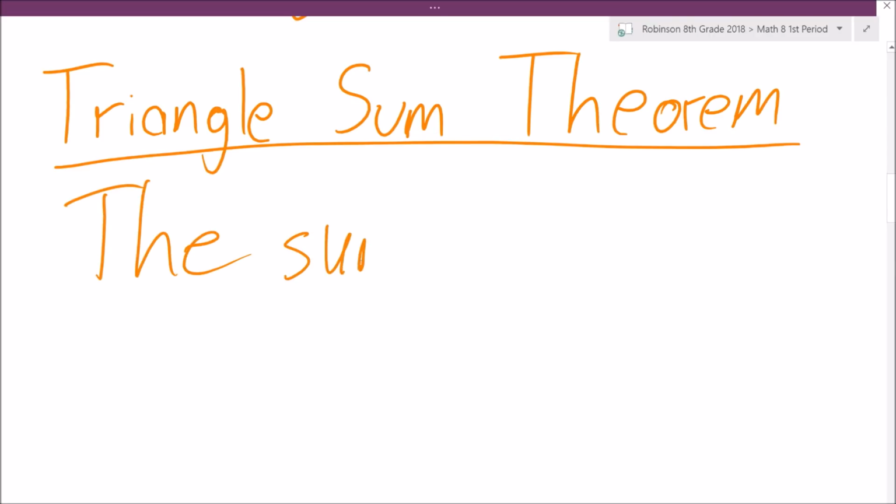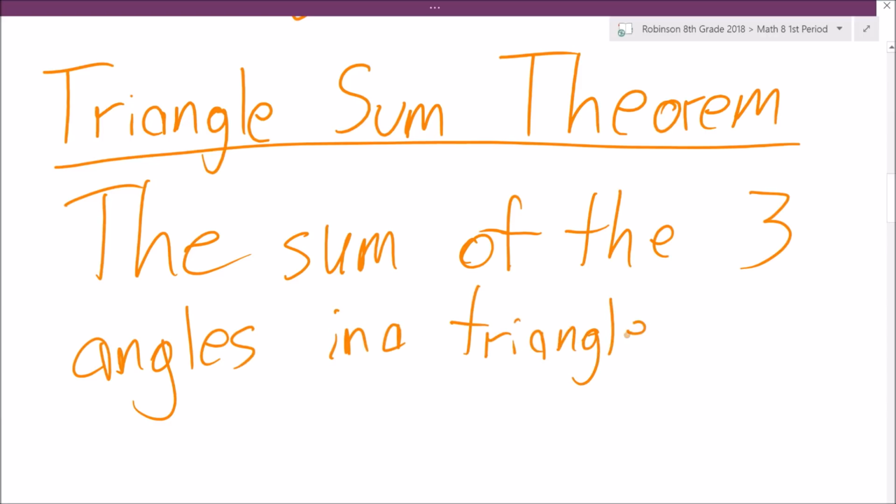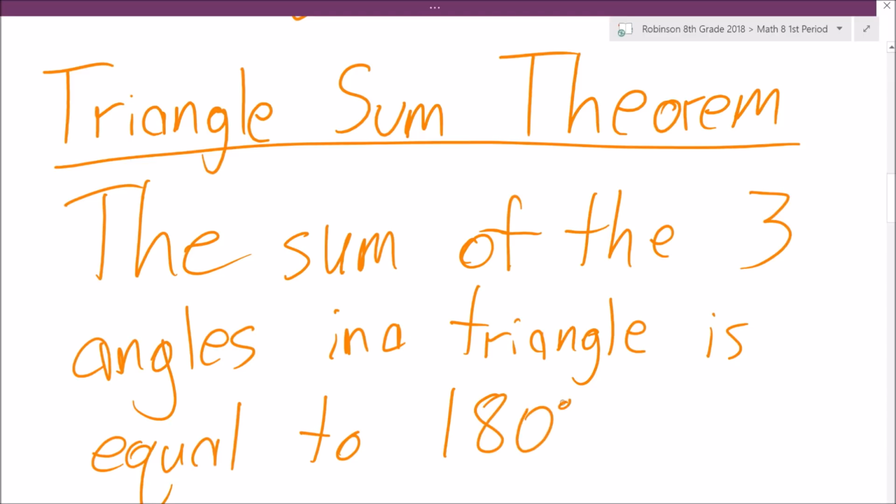The sum of the 3 angles in a triangle is equal to 180 degrees. Always.